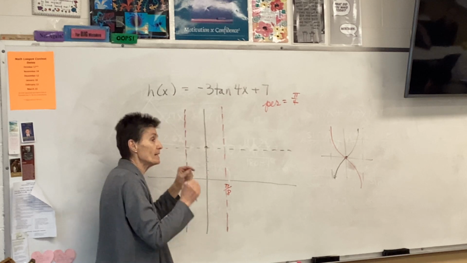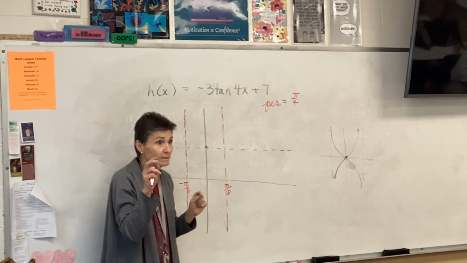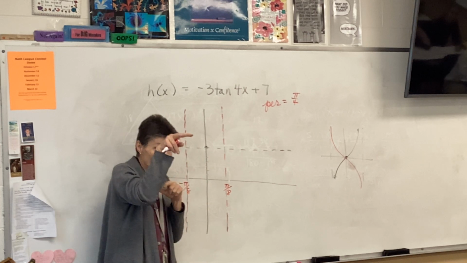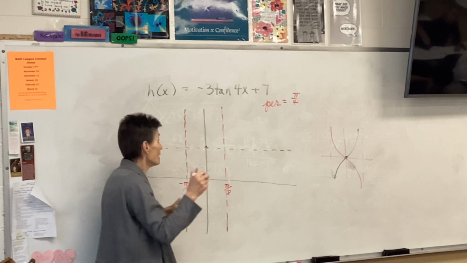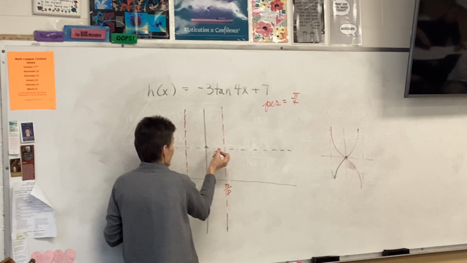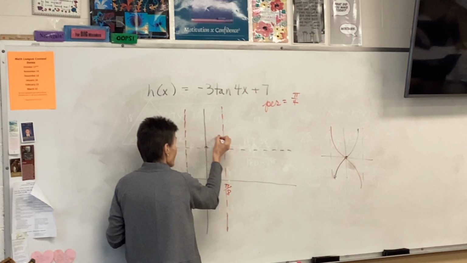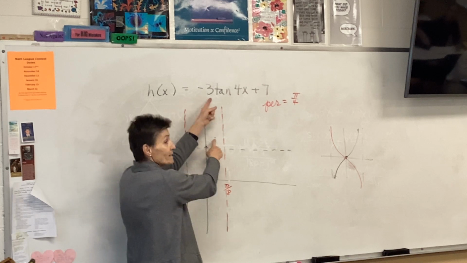Now remember, in a normal tangent curve, because of the whole pi over 4 thing, think of your pi over 4 angles. X and Y are the same. Tangent's 1. That's normal. Well, normally then, halfway in between my dot and my asymptote, I should be up 1. That would be the normal place. But what have I done?